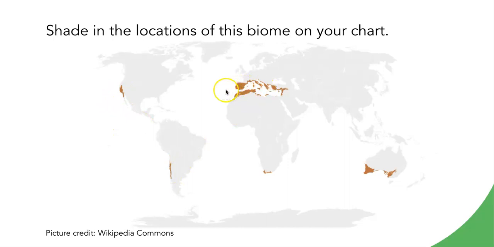Sometimes when you live in Southern California, they call it a Mediterranean climate because look around the Mediterranean Sea, it's the same biome in Italy, Spain. I was in Italy a couple years ago. It looked very similar to Southern California. Over here in the Middle East, in Israel. And then some in Australia and also in South Africa.